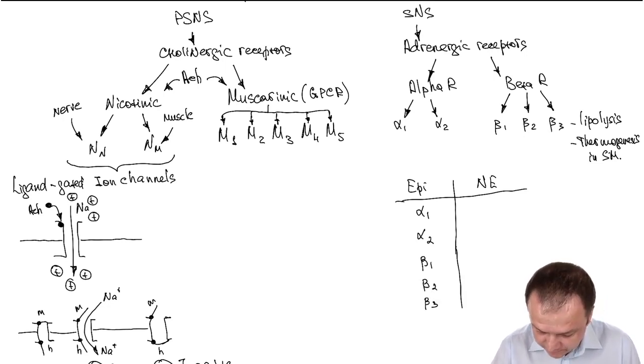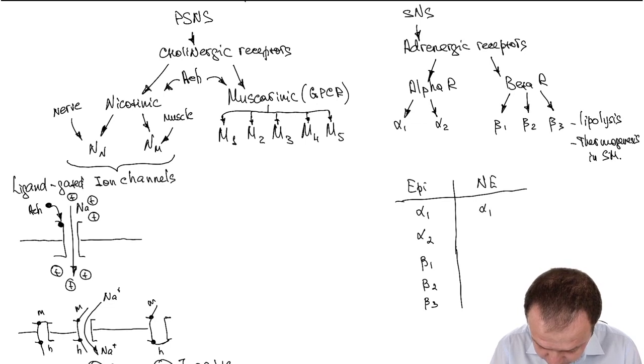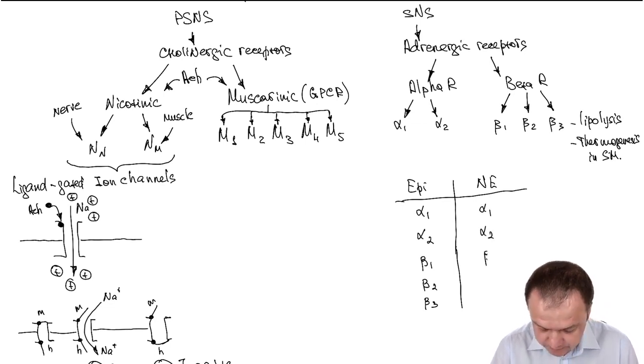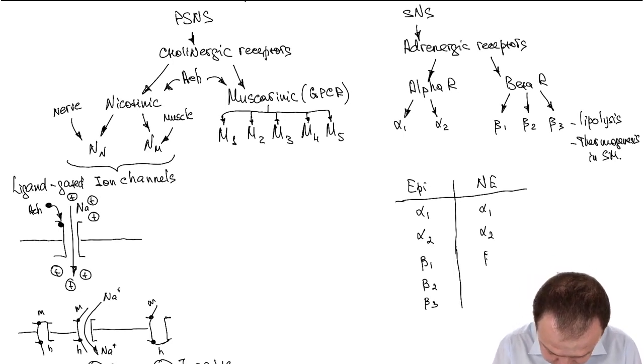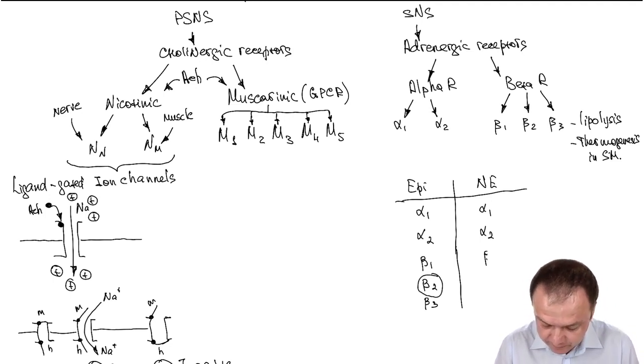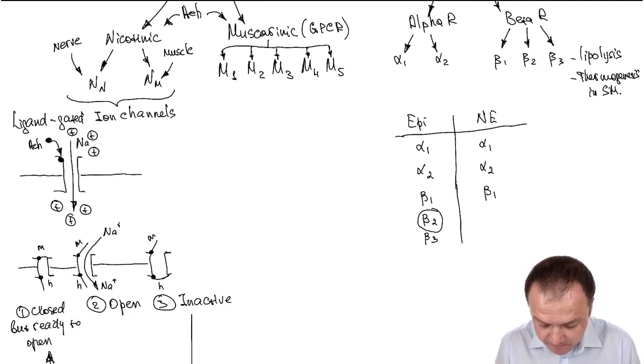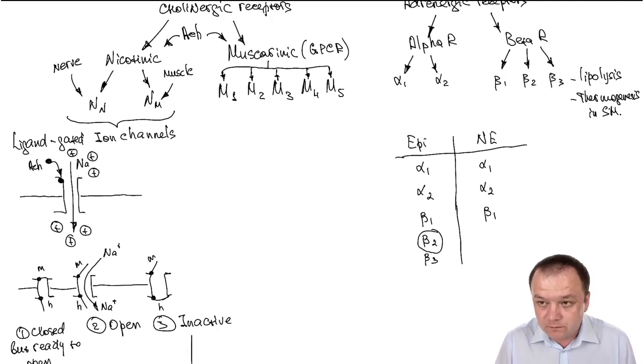And norepinephrine produces action on alpha 1, alpha 2, and beta 1 adrenergic receptors. So where is the difference? The difference is in the action on beta 2 adrenergic receptors for epinephrine, if we contrast epinephrine with norepinephrine.